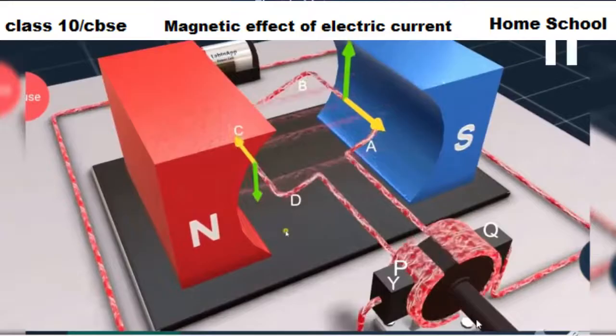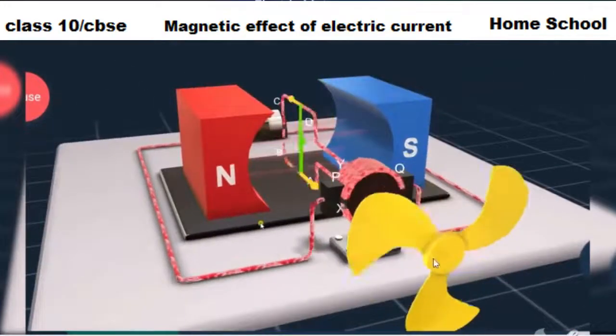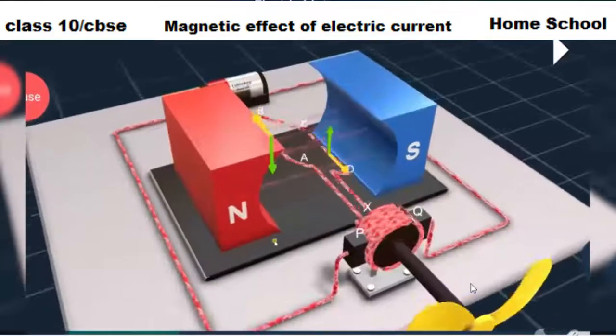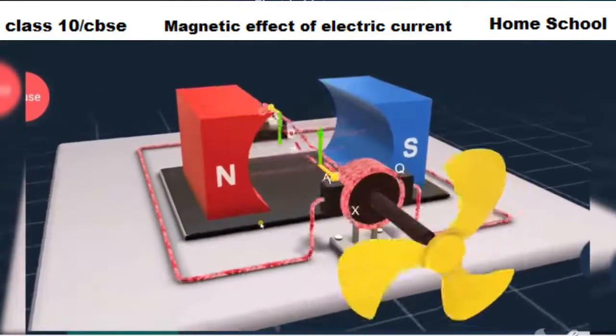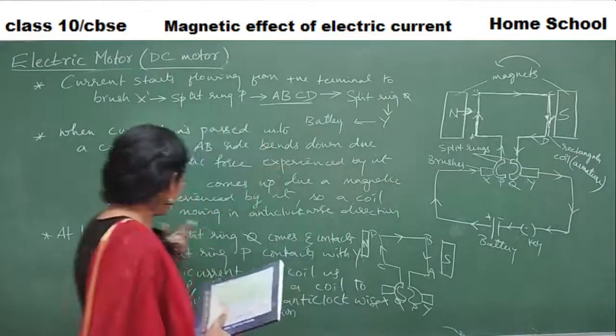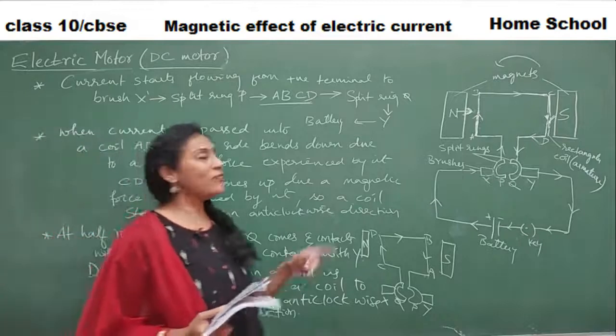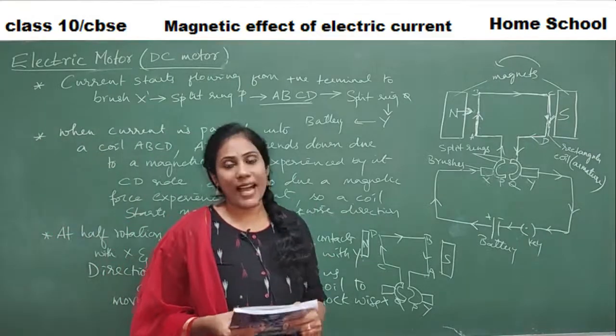As the coil moves, our axle moves, and if the axle moves, the wings of the fan also move, right? So this is how a DC motor works. Clear? So these are the three important points that you should always mention when the working of a DC motor is asked.